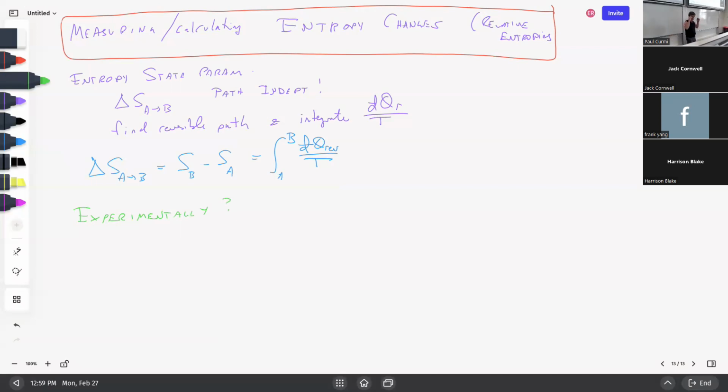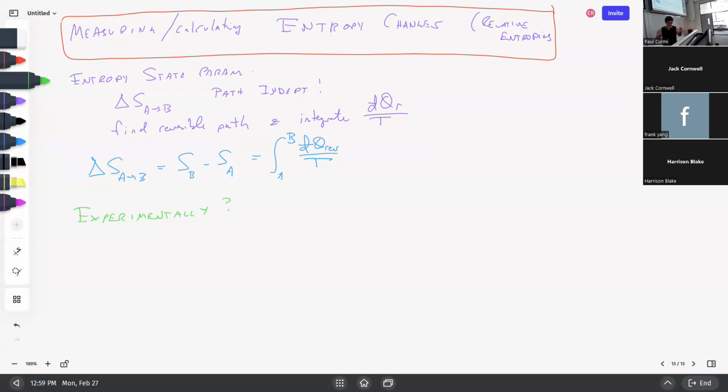How would I do that? Start off with something, can full of gas, and I want to get it from where it is to somewhere else. Heat it up, okay? So incinerate it, but heat it up. Heat it up, and as you heat it, you measure how much energy you're adding as heat, and you measure the temperature. And you then add up increment of energy divided by current temperature. Increment of energy divided by slightly higher temperature, and keep going.